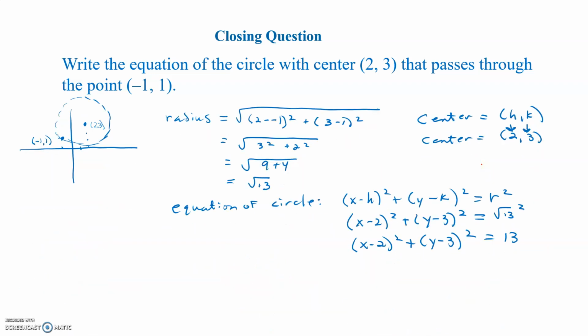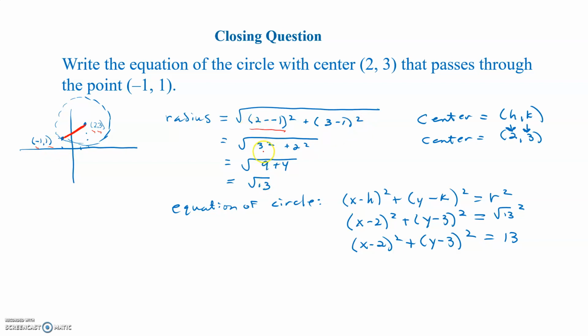Okay, so first of all, I just drew a picture of it, just to see what it looks like. Then I said I'm going to use the distance equation to figure out what this radius is. So I said the radius is equal to the square root of the x values that I'm going to subtract, 2 minus negative 1, in a parenthesis squared, and the y values, 3 minus 1, in a parenthesis squared.